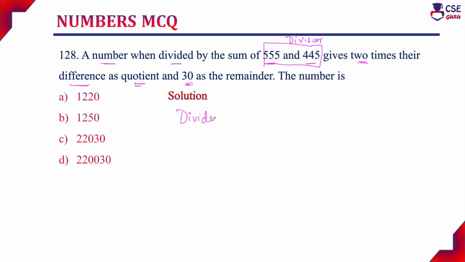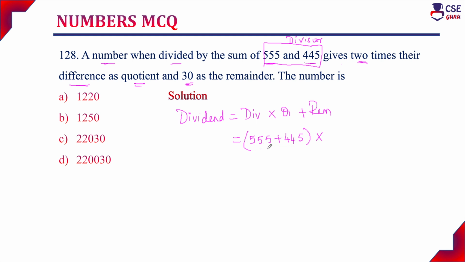Dividend is divisor into quotient plus remainder. The divisor is the sum of these two numbers, that is 555 plus 445, which is 1000. The quotient is 2 times the difference between these two numbers.